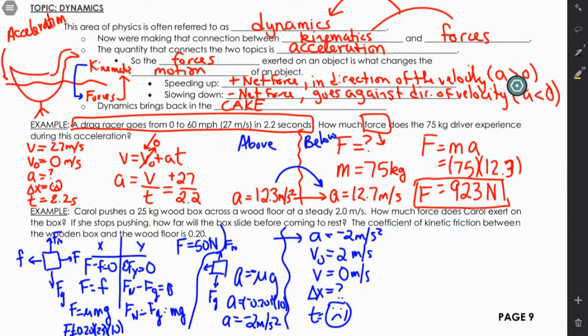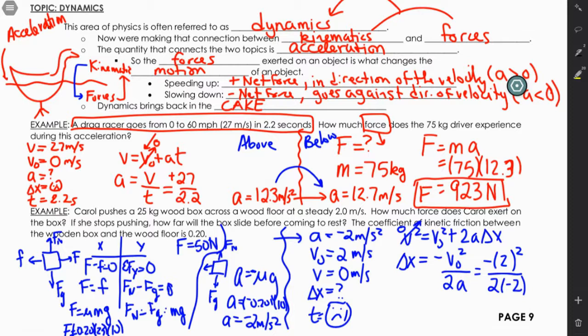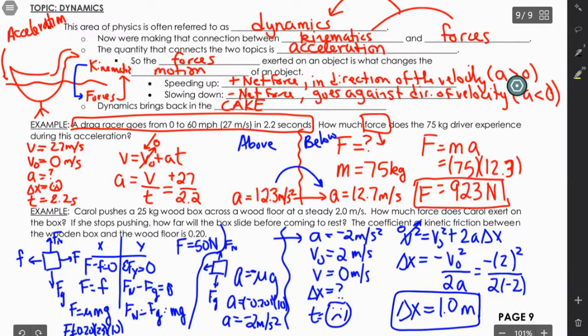So we have one equation where there is no time: v squared equals v0 squared plus 2a delta x. v is going to be 0, and we solve this for delta x, so that's going to be negative v0 squared over 2a, so negative 2 squared over 2 times negative 2, right? And so you're going to end up with a distance of 1 meter for this block to stop.